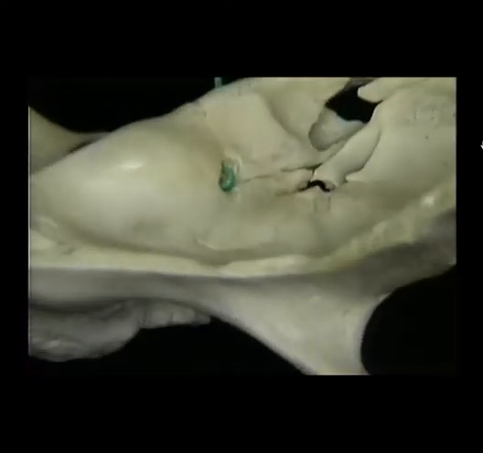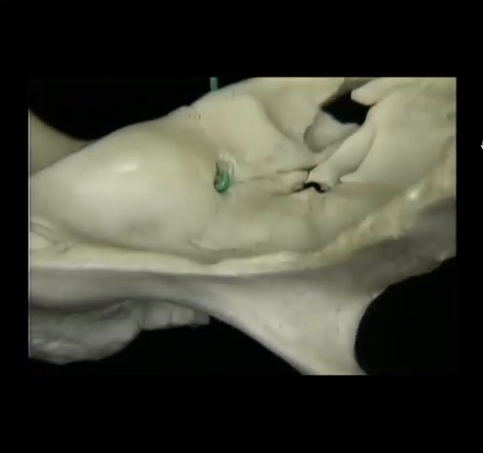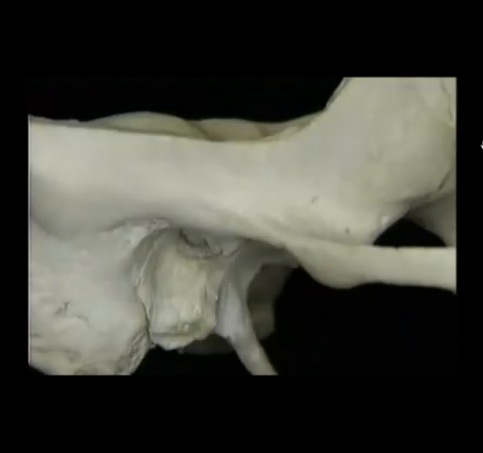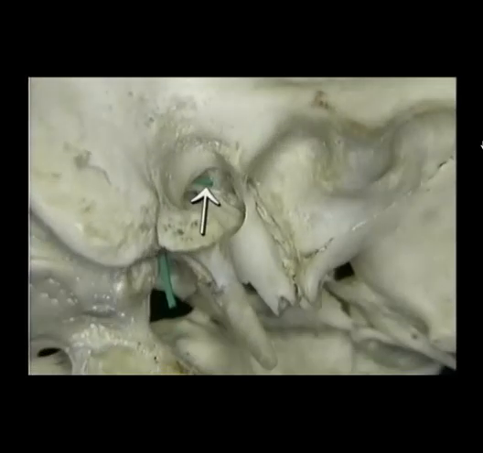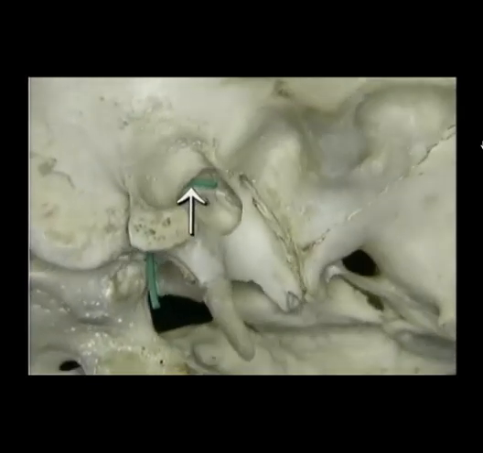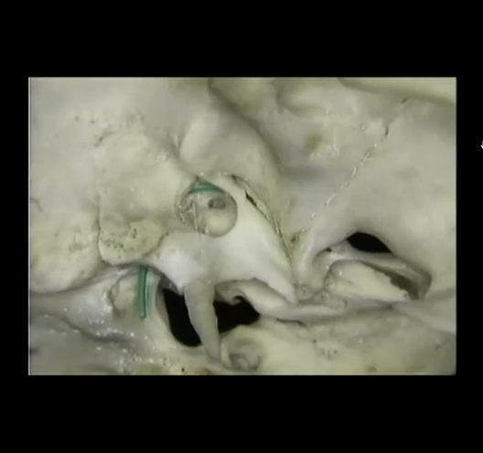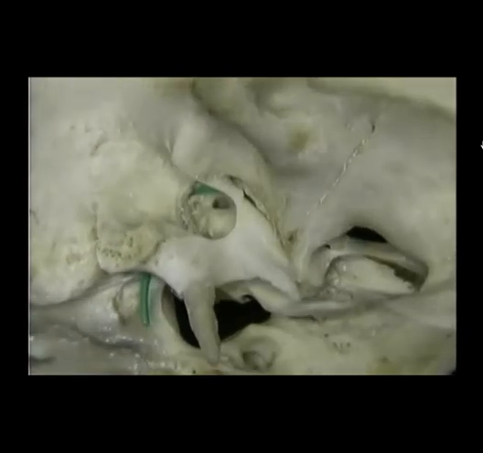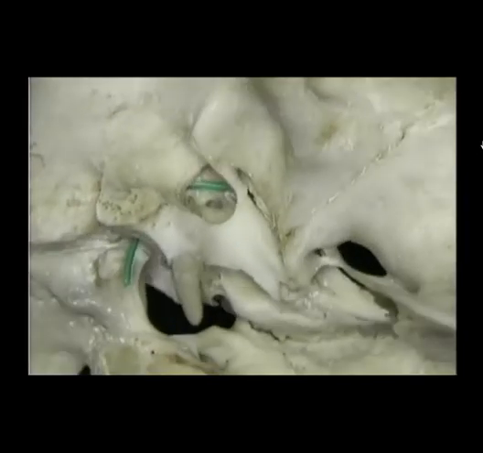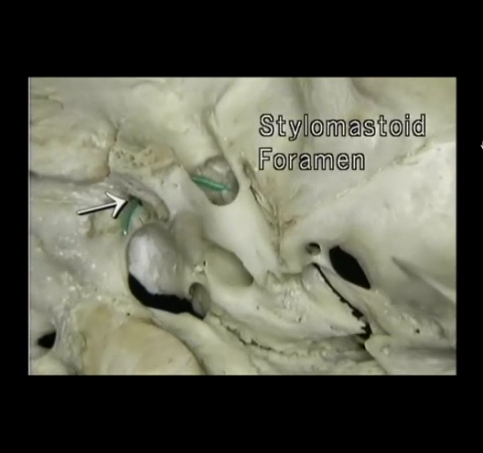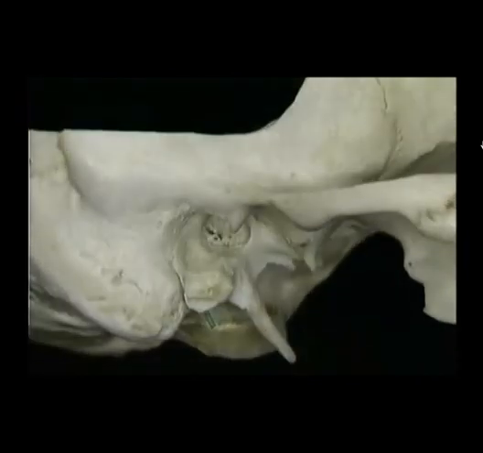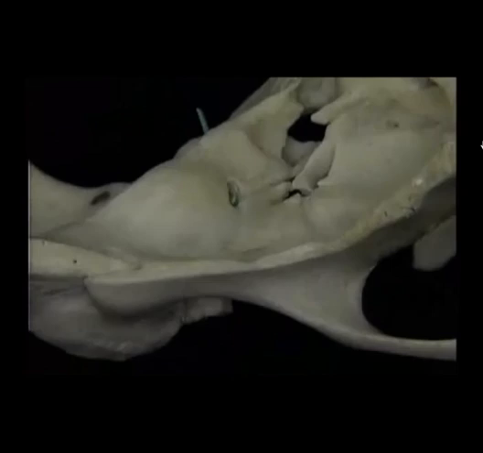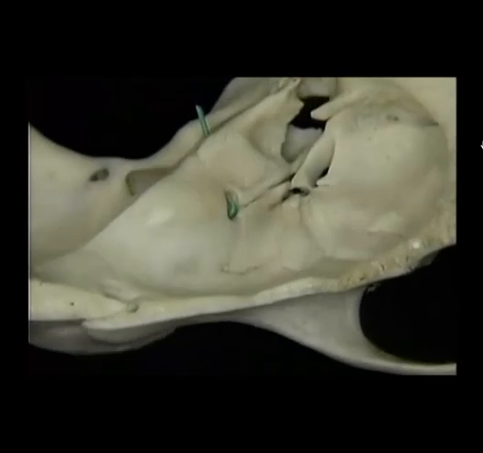Now we come around to the outside and into the tympanic cavity. Here the facial nerve passes backwards, high in the medial wall of the tympanic cavity. It then turns downwards to emerge here at the stylomastoid foramen, just behind the root of the styloid process. On its way through the temporal bone, it gives three branches.